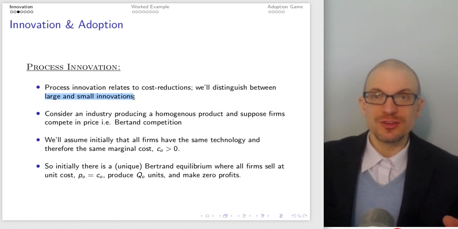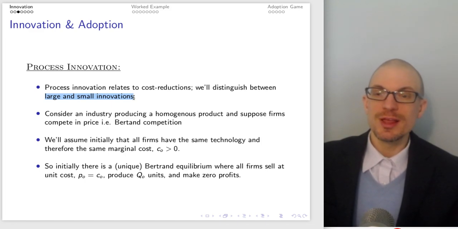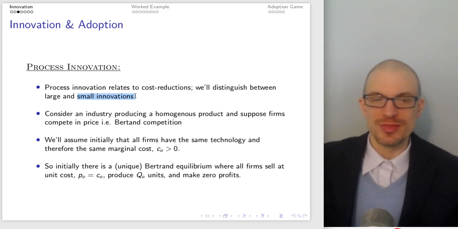This cost advantage, we're going to assume, gives our firm monopoly power. However, it may not be able to fully operationalize that monopoly power. If it is, we'll call that a large innovation. If it's not, we'll call that a small innovation. Large innovations benefit consumers and the firms. Small innovations, at least as we're defining in this class, will benefit primarily just the firm and should have little effect on consumers.